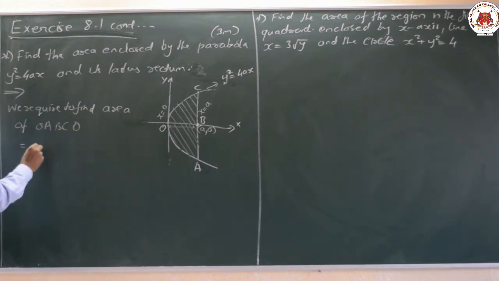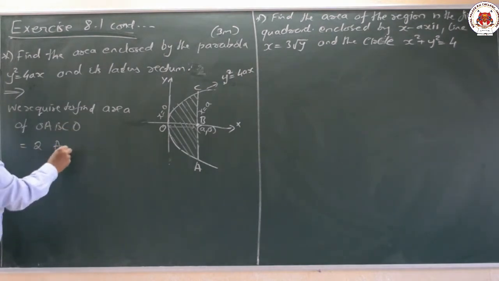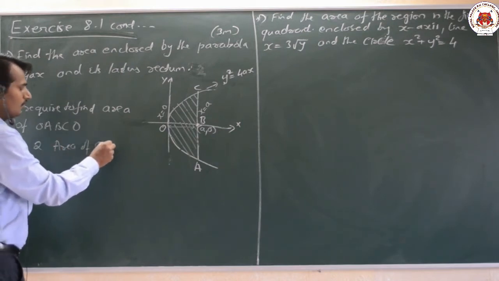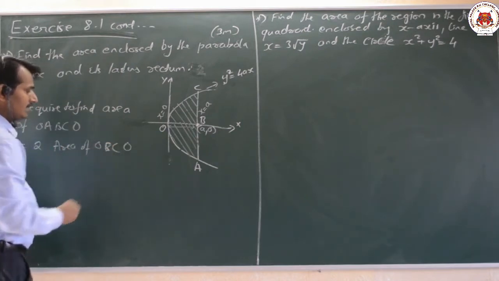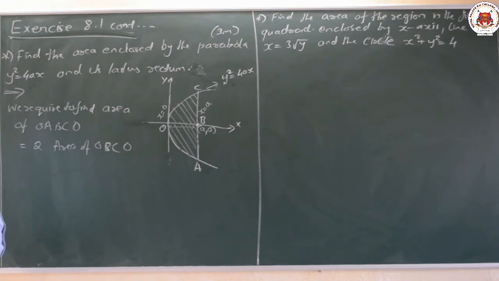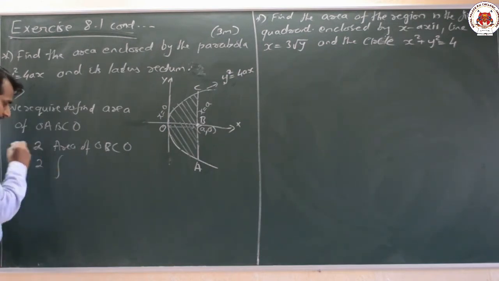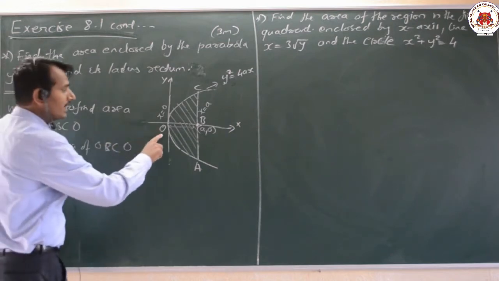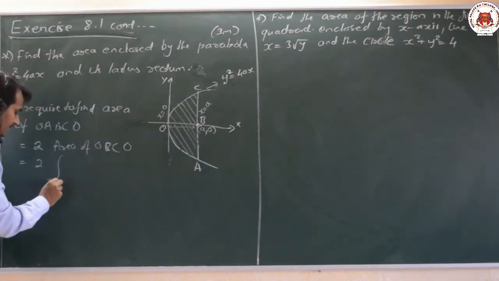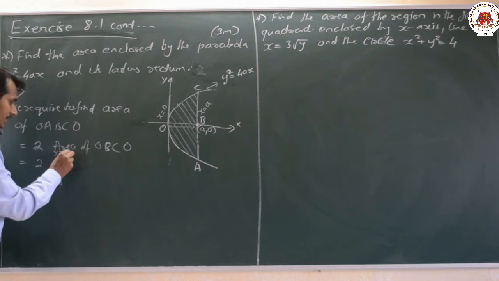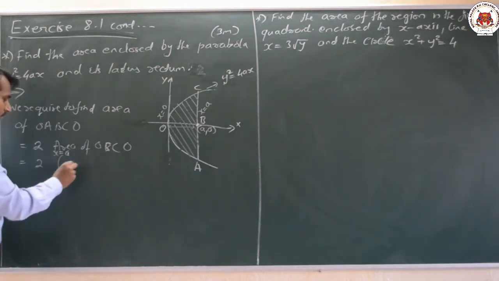For this purpose, I will take 2 into the area of OBCO. So we get 2 into the integration from x equal to 0 to x equal to a of y dx.